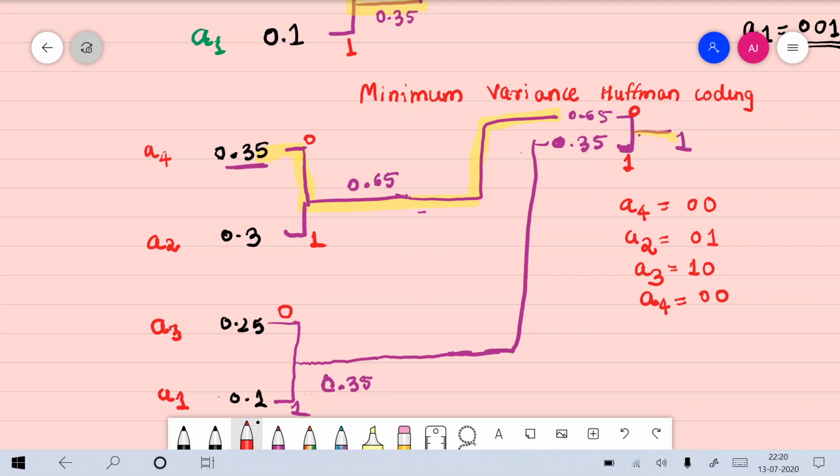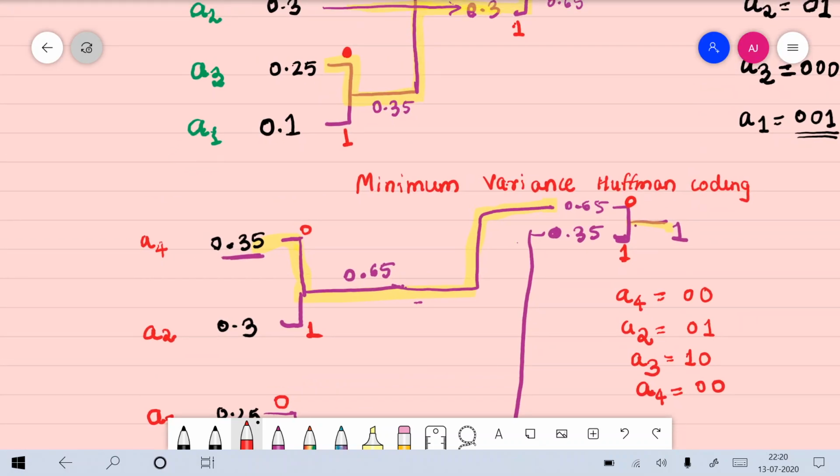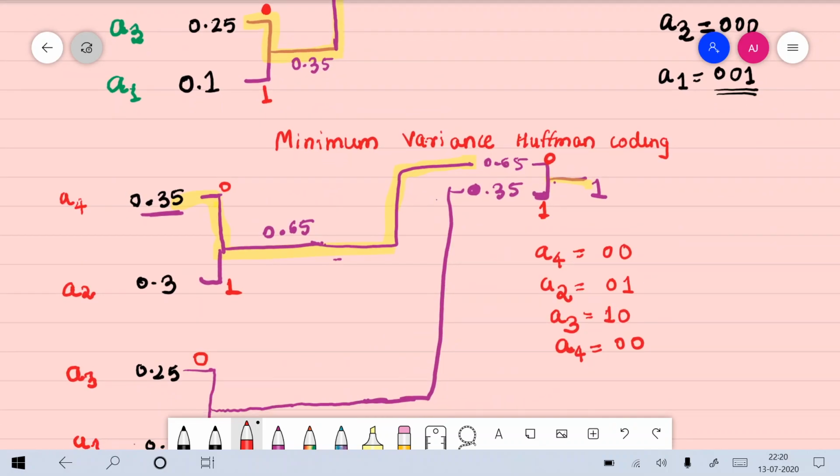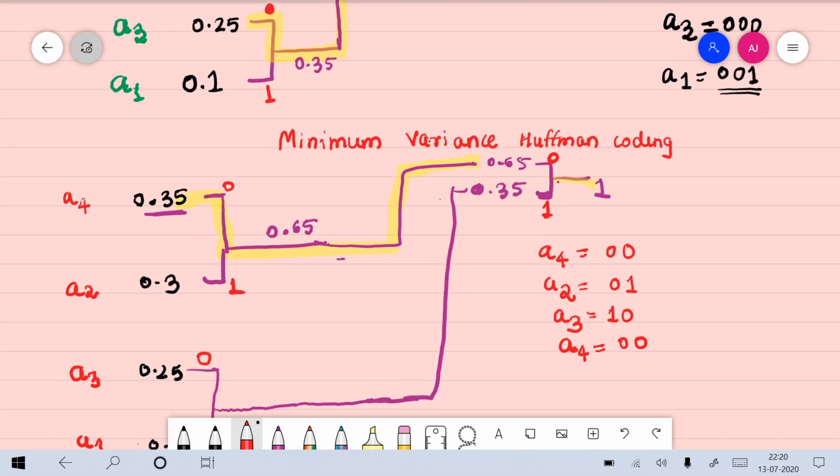So if you observe here, the minimum variance has turned this code into a fixed length code, whereas in normal Huffman coding, I can show you on the whiteboard here, it was a variable length code, because A4 was having only 1 bit here. Now if you check here, sorry, this should be A1. I'm so sorry. Because this is a video, I will put it correctly.